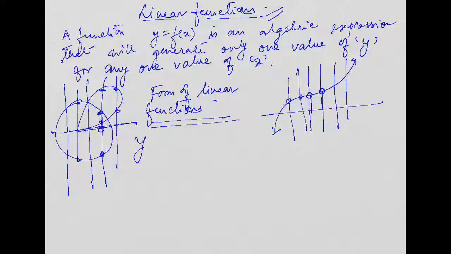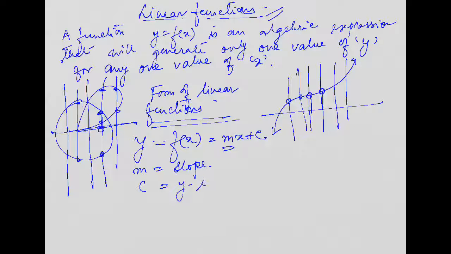It is y, or even f(x), equals mx plus c, where m is the slope of the line and c is the y-intercept. As it is a linear function, it should be a straight line. Yes, in functions, a straight line is also considered a curve.